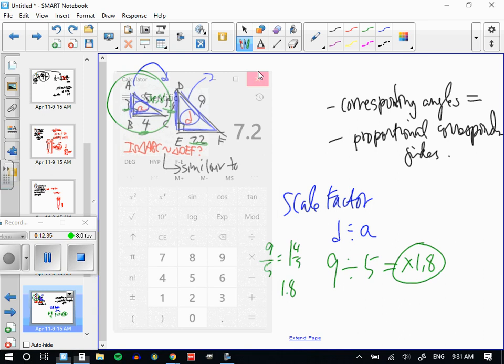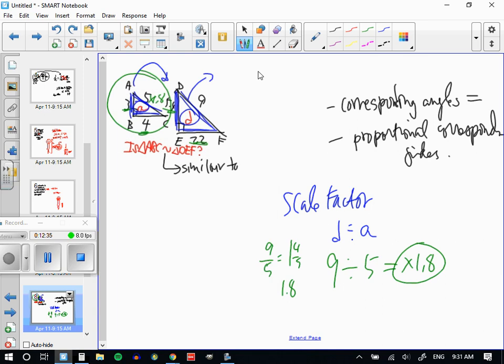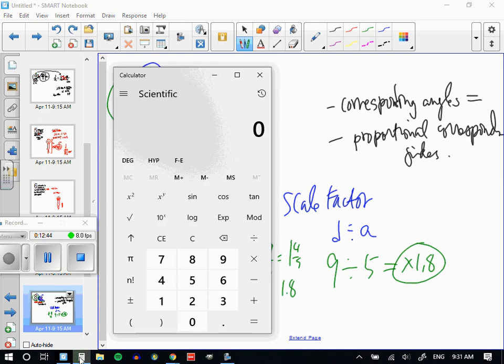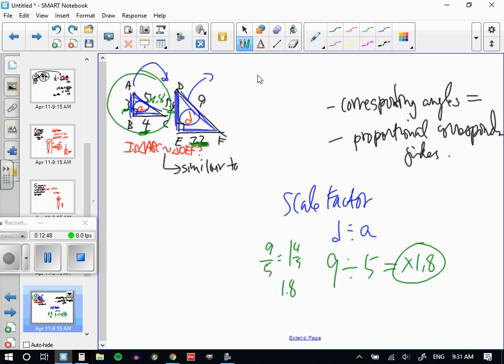Press the equals button, 7.2, which is what this was. And 3 times 1.8 is 5.4. Yes. So therefore, all of the sides of my original smaller triangle were multiplied by a scale factor of 1.8. So the answer to this question will be yes, they are similar triangles.